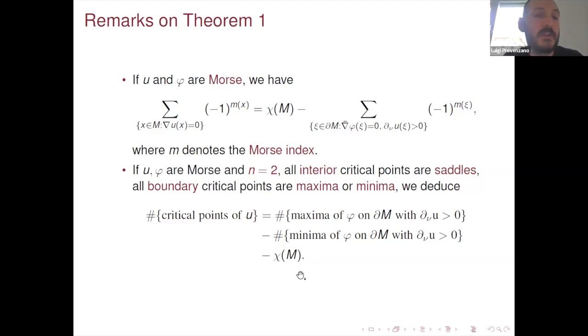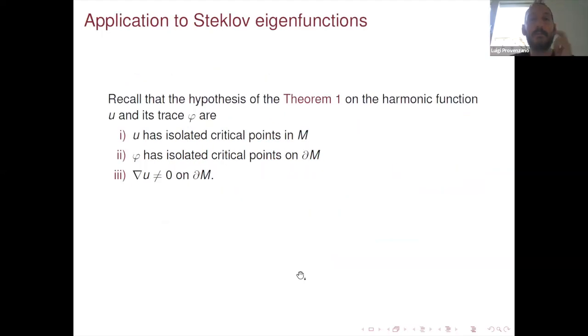And so we deduce this more explicit formula, which counts the number of interior critical points of U, which is equal to the number of maxima of phi on the boundary where the normal derivative is positive, minus the number of minima where the normal derivative is positive, minus the Euler characteristic. Then we will see later how to render this formula even more explicit, even more connected to the geometry of the surface.